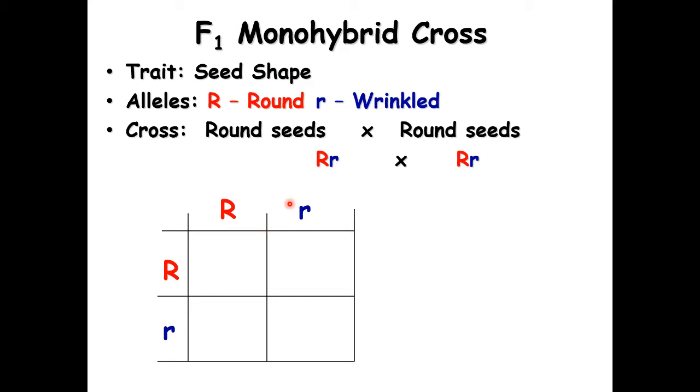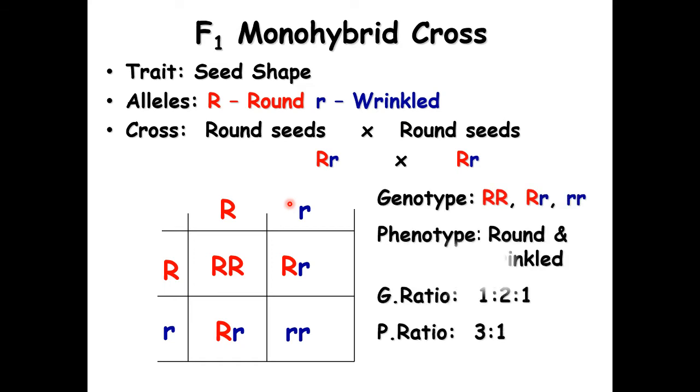So when you do the cross, that's how you get a 3-to-1. These three phenotypically will look identical, even though genotypically they are not the same. This is homozygous dominant. Heterozygous dominant will look identical to homozygous dominant. So it's three of these to one homozygous recessive.